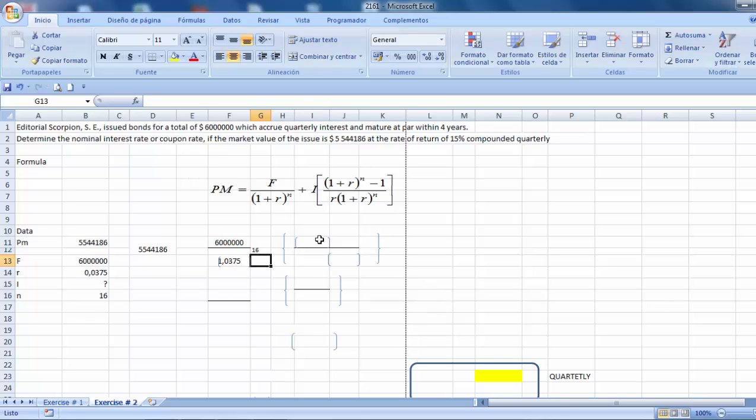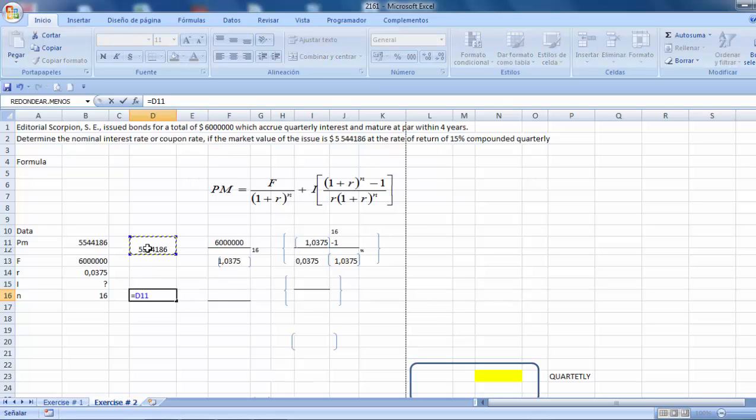In the next part, we take the same 1 plus the R less 1, and we elevate that to 16. Down below, we write R, 0.03, multiplied by 1 plus R, and we elevate to 16. Down below we write the PM again, and then we start with the equation.